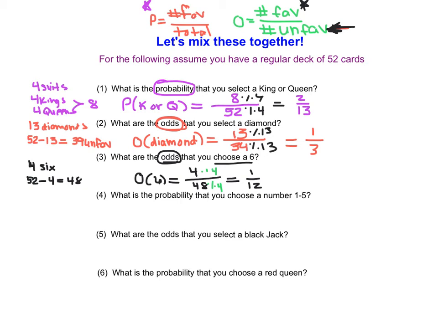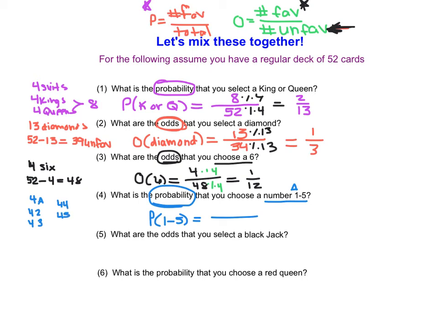Now, if we look at this next one, it says the probability that you choose a number from 1 to 5. Now, 1 is our ace card, so we'll count that as our ace card. So we want probability that we choose a number from 1 to 5. So we need our number of favorable outcomes in our numerator. So if we think these through, we have 4 aces, 4 twos, 4 threes, 4 fours, and 4 fives in our deck.